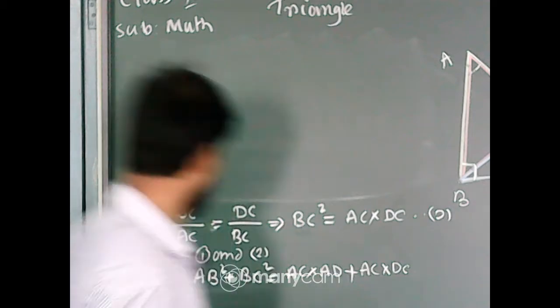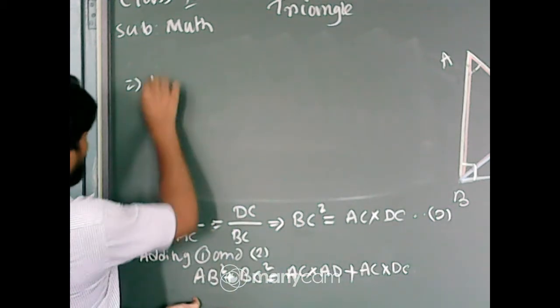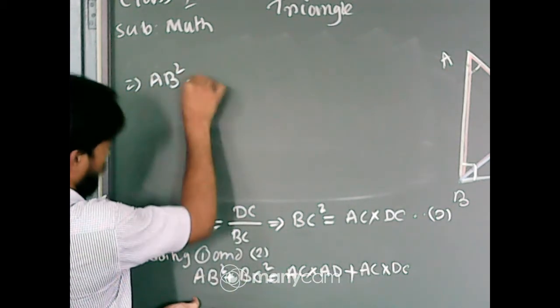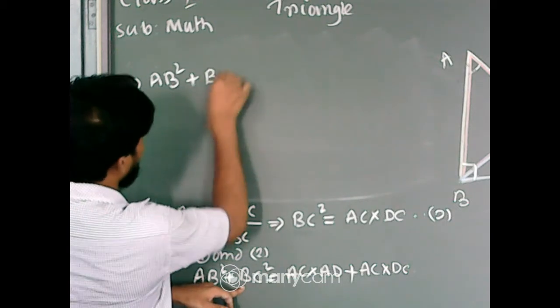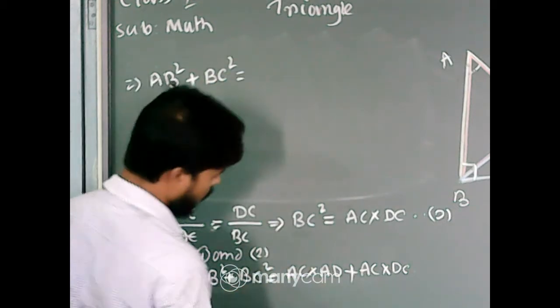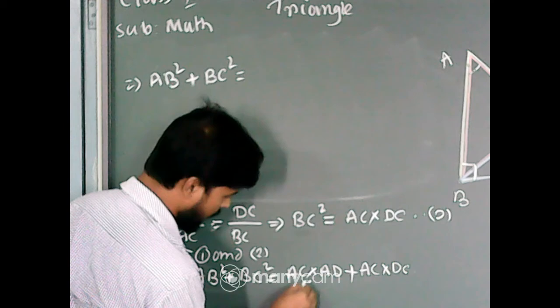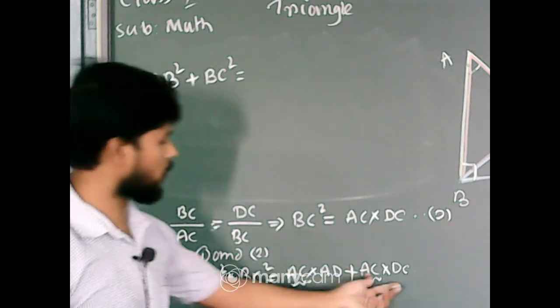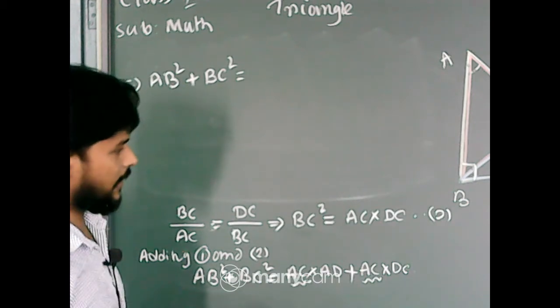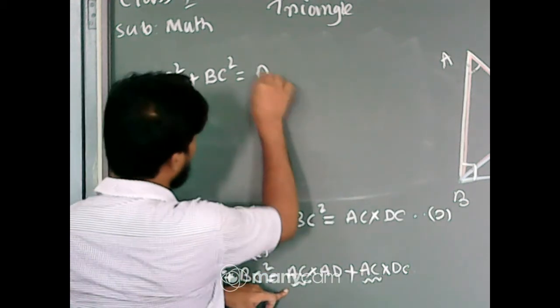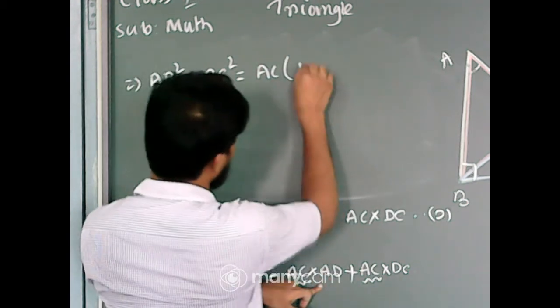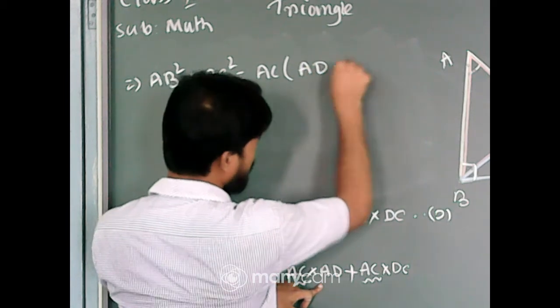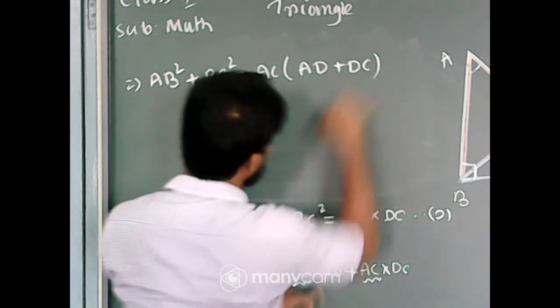So, now what we have is AB square plus BC square is equal to, now look at the expression on the right hand side, we can take AC common, because AC is the common part of these two expressions. If I take AC common, it will be AC into AD plus DC.